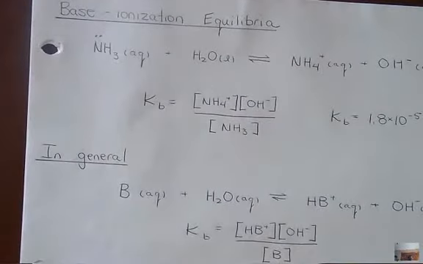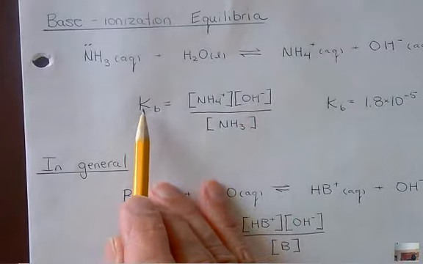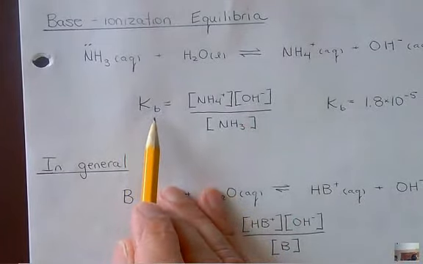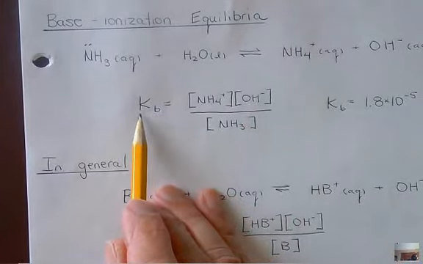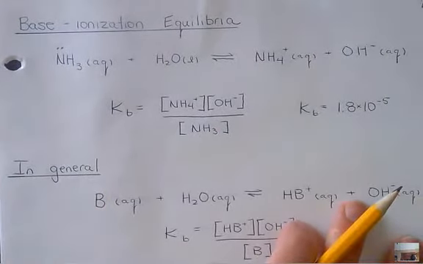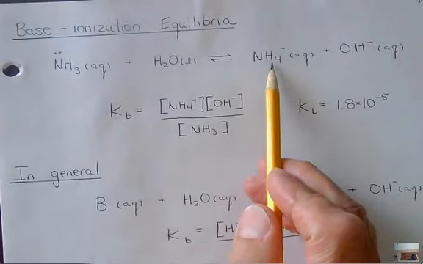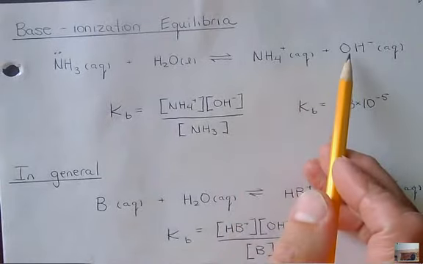Okay, well, the equilibrium constant for bases is going to be symbolized as capital K for equilibrium constant and small b. In this case, like with all equilibrium constants, we take the molar concentration at equilibrium of the products.